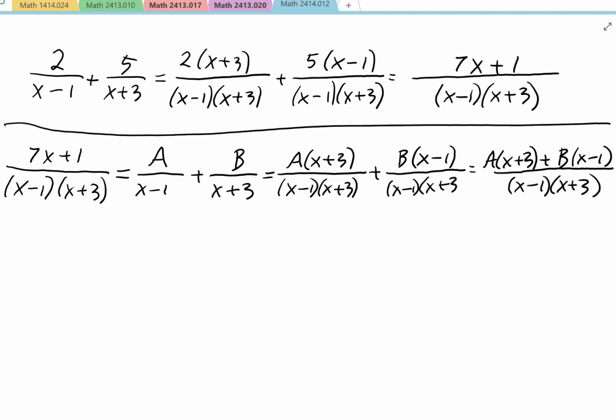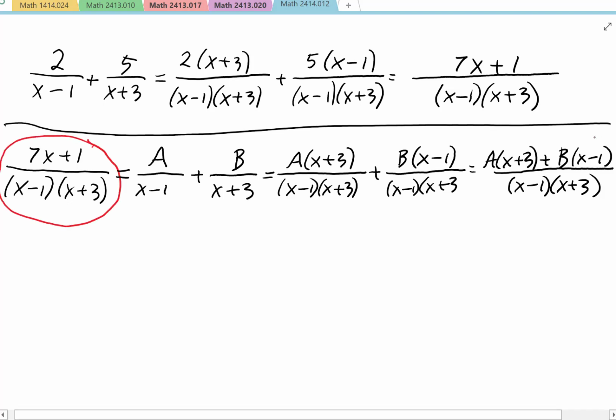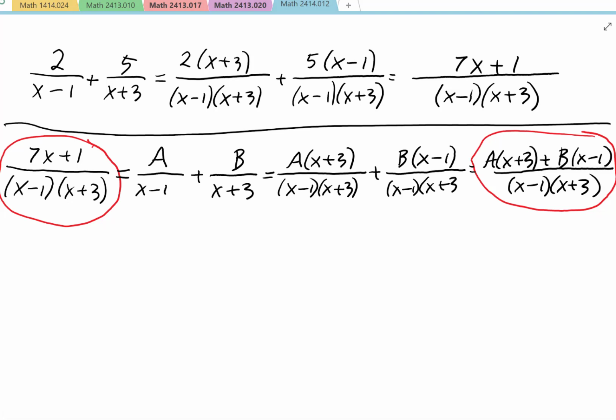Okay, now look what we have. We have this fraction is equal to that fraction. And the denominator of each fraction are equal. That means the numerators have to be equal.